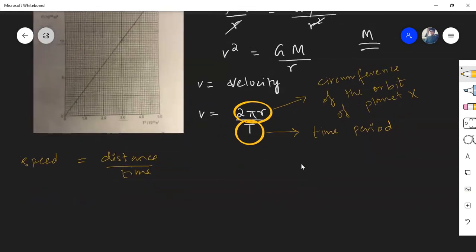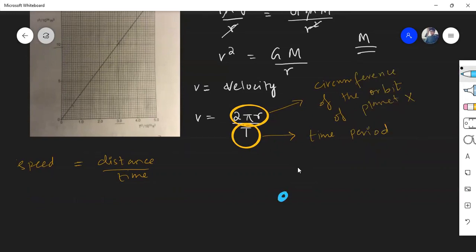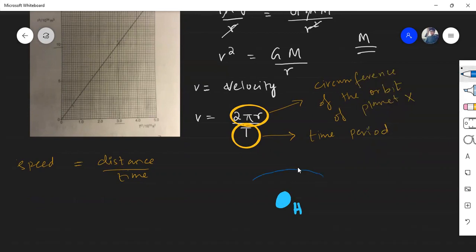Let me explain it a bit. Let's say this is the planet, this is the star H, and this blue circle is the orbit of planet X. The distance that this planet covers on this orbit is equal to the circumference of this orbit.